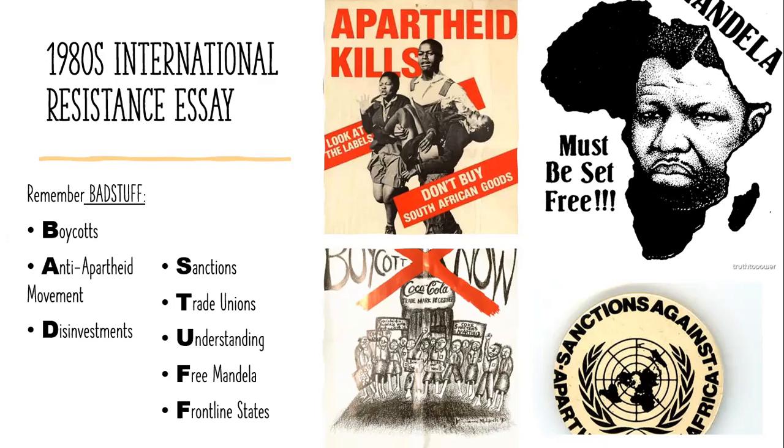With trade unions, workers pressurizing their bosses not to do business with South Africa. With understanding, spreading the message of apartheid is bad. With Free Mandela, fighting for Nelson Mandela to be released from prison to end apartheid. And with the frontline states refusing to work with the apartheid government and actually helping the liberation movement.